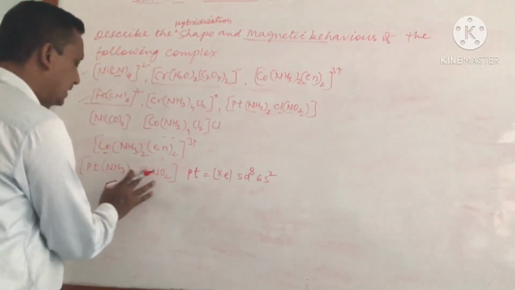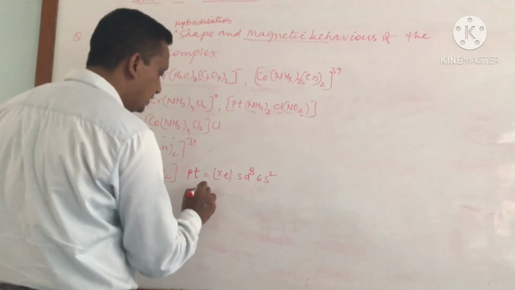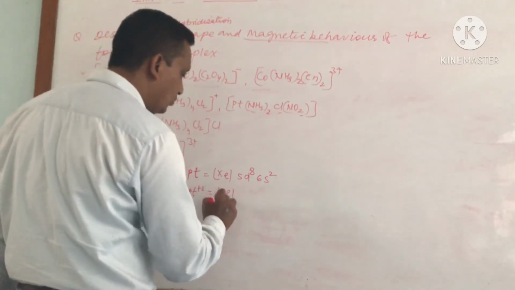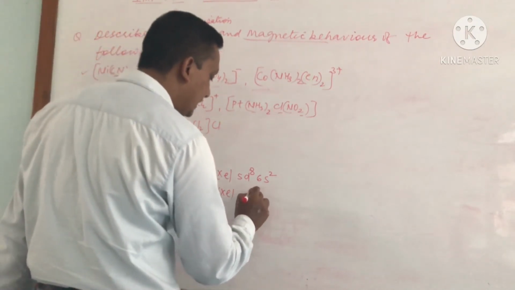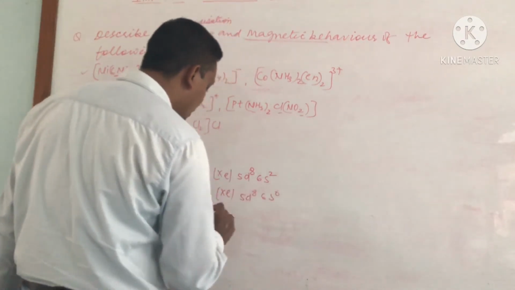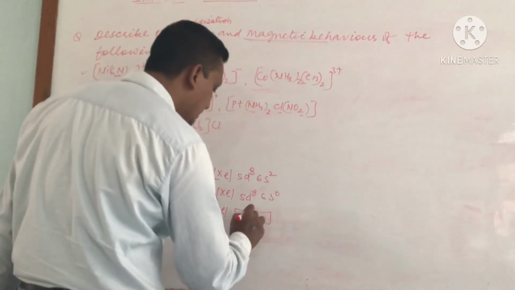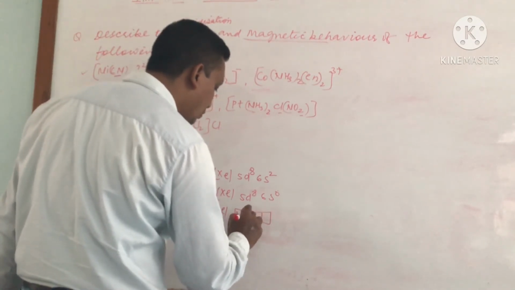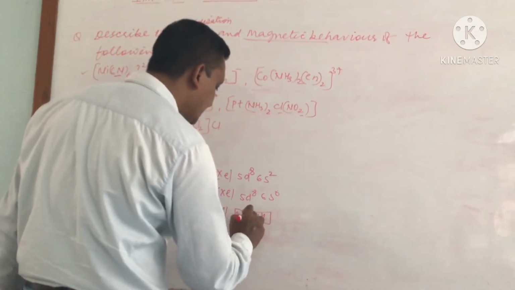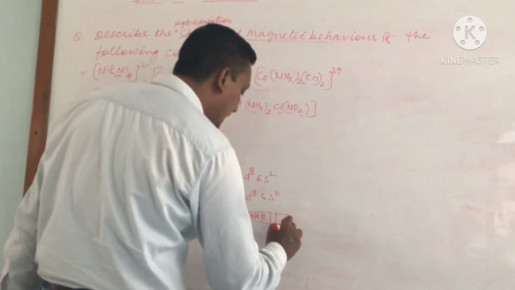In this complex, platinum is in the +2 oxidation state, so in the +2 oxidation state it would be 5d8 6s0.